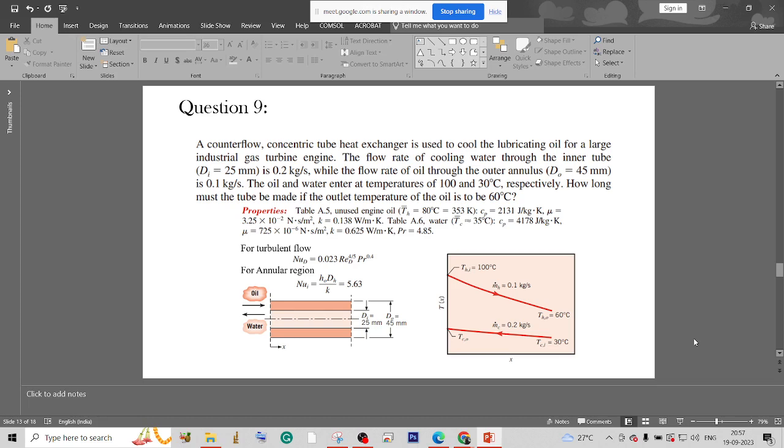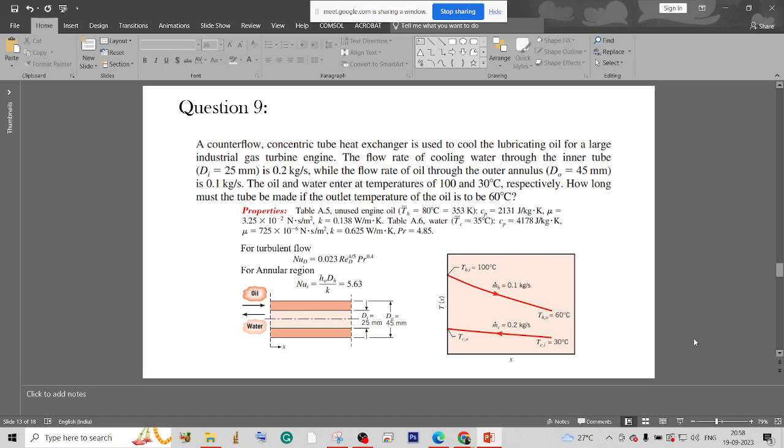and the inlet temperature of water is 30 degrees Celsius. How long must the tube be? The outlet temperature of the oil is given, it should be 60 degrees Celsius.